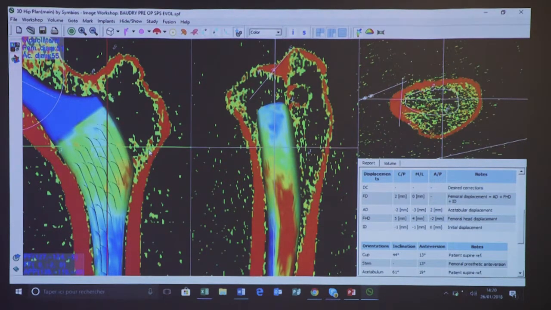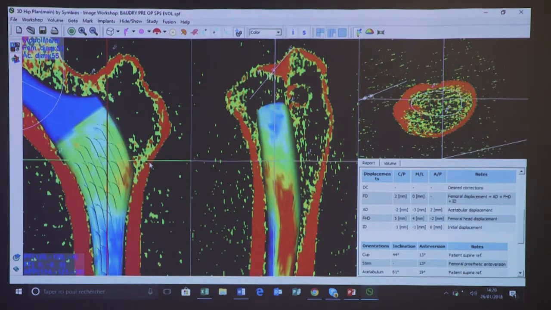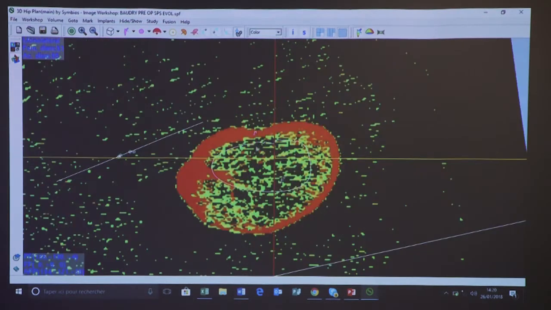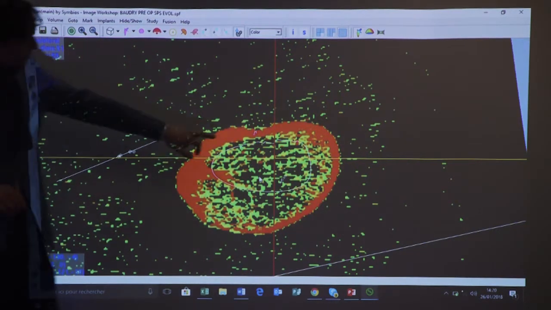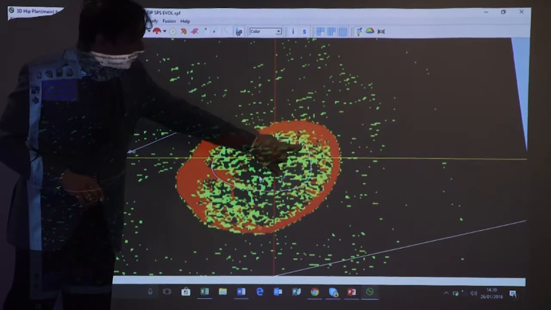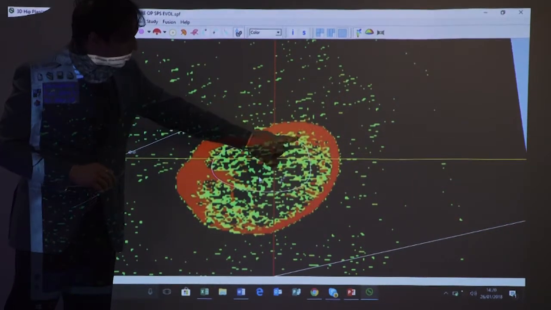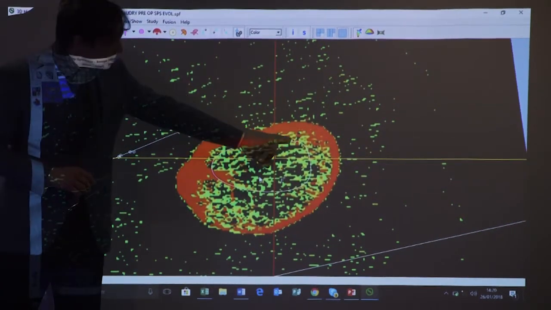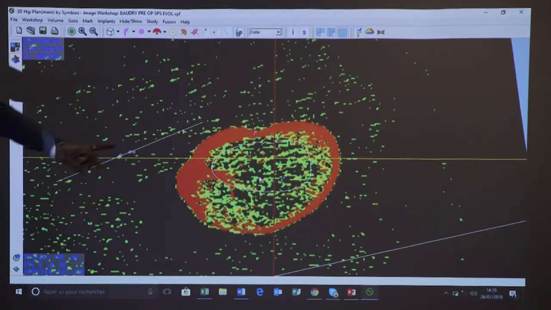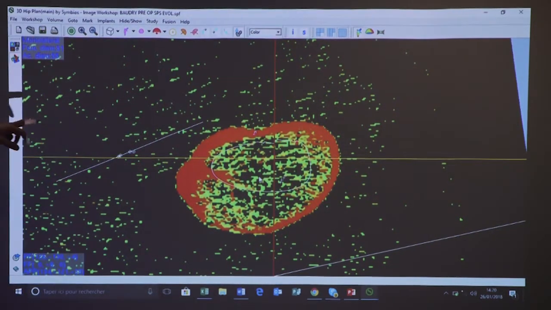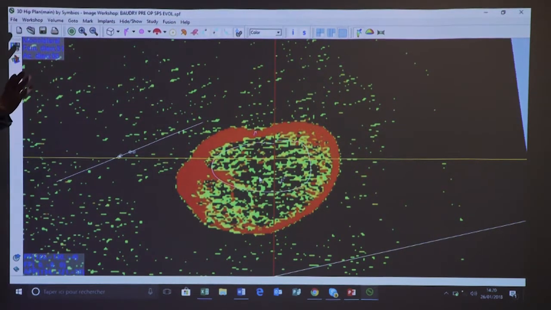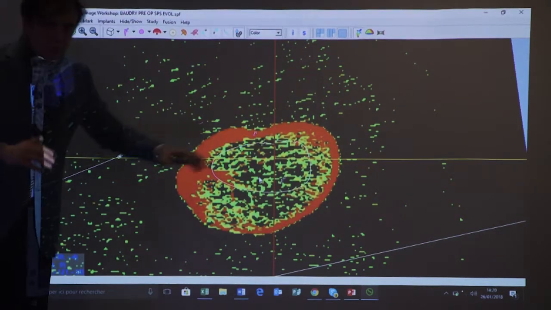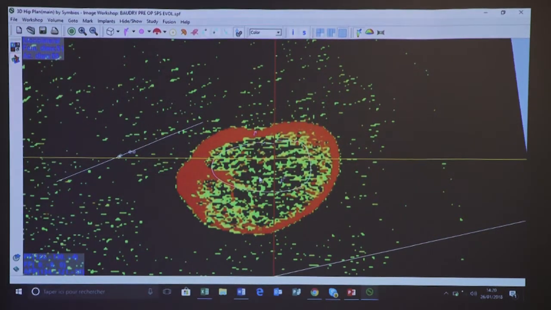From time to time, at the anterior and lateral part of the femur, we may have some very, very hard bone. When it's red like this, it means it's something like 400, 500 units. And in some cases, this may prevent you from positioning the stem correctly.